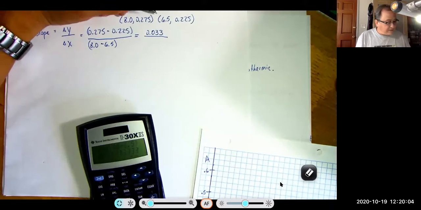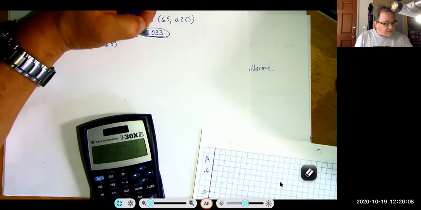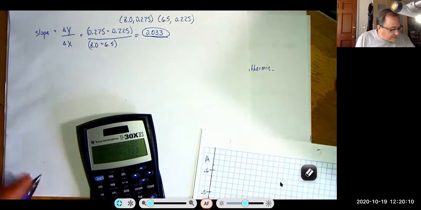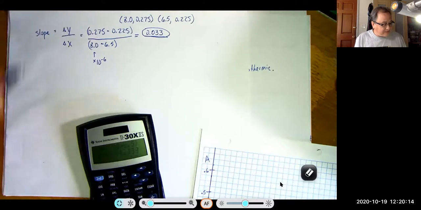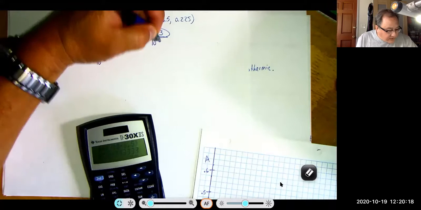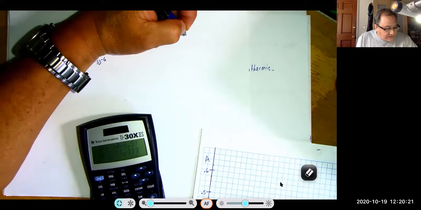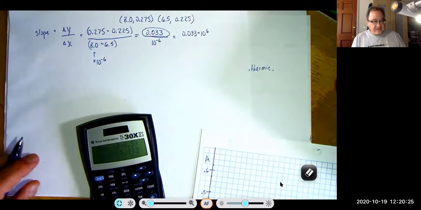I'm going to leave it at 2 sig figs. So that's my slope. Now, here's something we also have to remember, that these values are supposed to be times 10 to the minus 6. So this is really over times 10 to the minus 6, which really makes it 0.033 times 10 to the 6 for the slope.